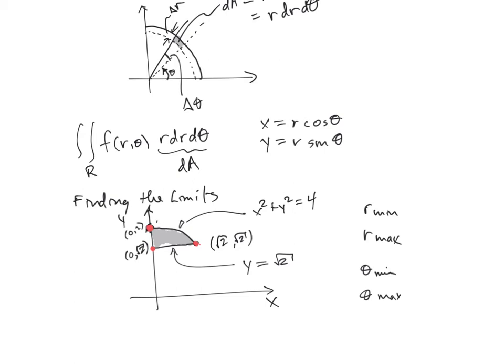So if I pick some angle, say this angle right there, I'm going to keep theta constant, which means I draw r at that angle. So I draw r like that in the positive r direction, which means going out from the origin, and I draw it so it goes through my region of integration. I would not pick an angle of theta like that, because then my r looks like that.